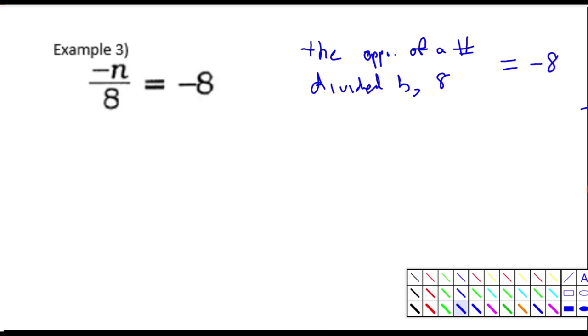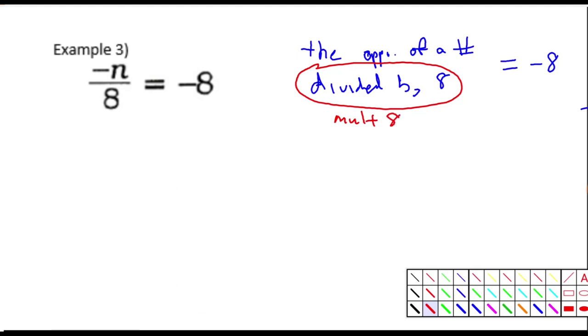So the opposite of some number divided by 8 should equal negative 8. This could be done in one step, but we're going to break it into two steps. Let's get rid of the divided by 8 first. How do we get rid of that? I'm just going to multiply, and then we'll see what happens.